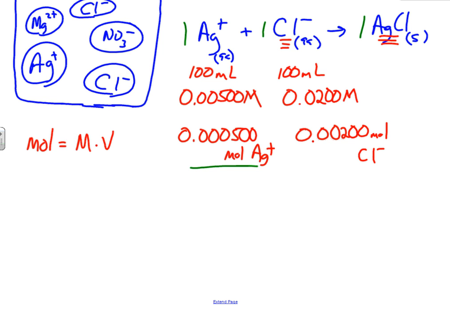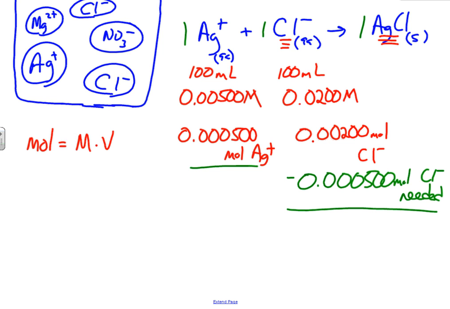So I could subtract that because I can tell already that I've got extra chloride ion present. So if I subtract the 0.000500 moles of chloride that I'm going to need, that's going to leave me with 0.0015 moles of chloride left over.